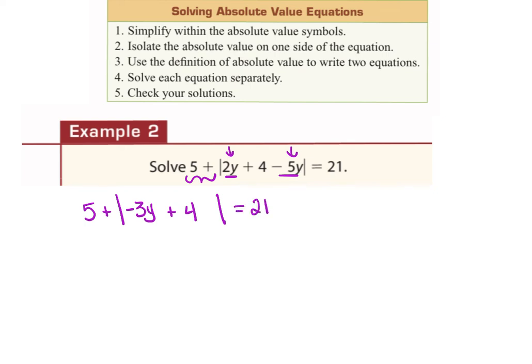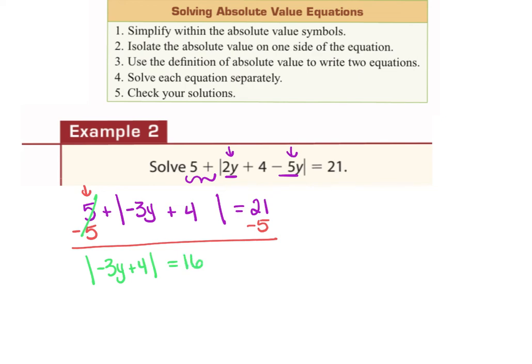That equals 21. The next thing I need to do once I've simplified it is get rid of this 5. I need the absolute value by itself. So how do I get rid of that 5? Subtract. So I'm going to subtract my 5 over. Then I have the absolute value of negative 3y plus 4 equals 16.